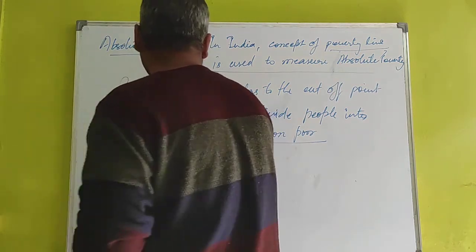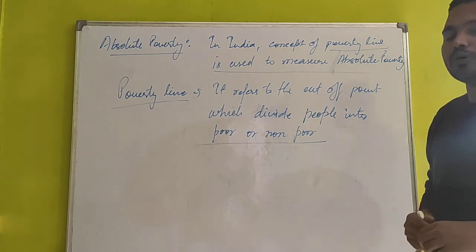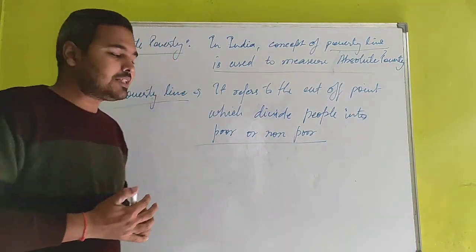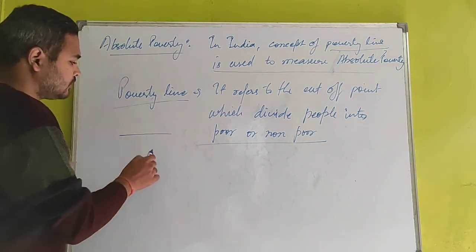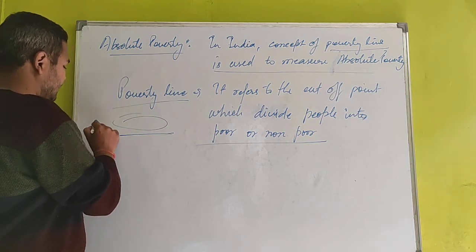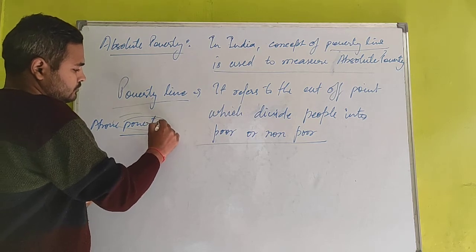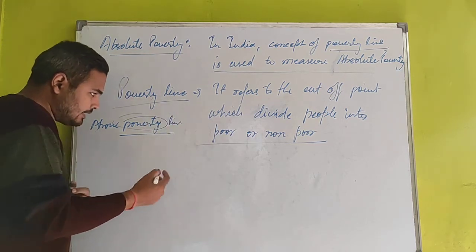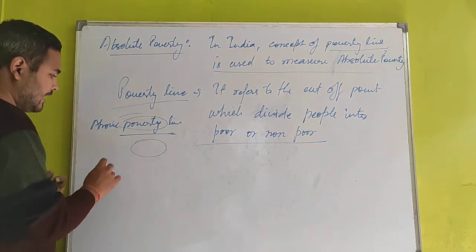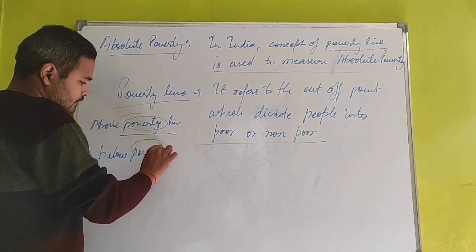So the poverty line is the cutoff point which divides people into poor or non-poor. So there is a cutoff point which has been set up. If the person is able to spend that much, he will be set as above the poverty line. And if that person is not able to spend that much, then that person is said to be below the poverty line.